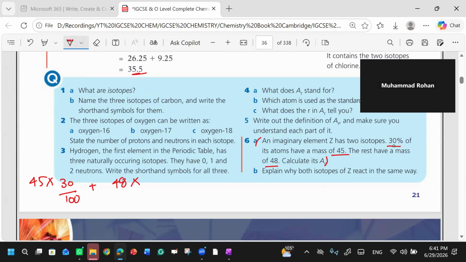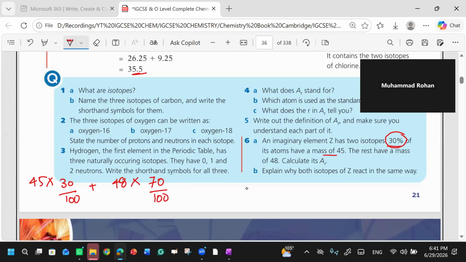From 100%, 30% are of mass 45, and the rest of the molecules are of mass 48. So how many molecules are left behind if 30% are 45? 70%. So the mass 48 will be 70%.